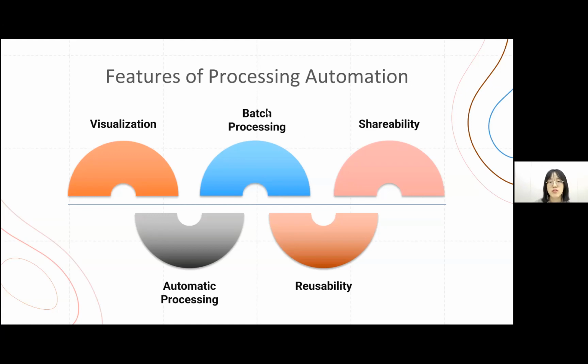So here, batch process means if you have a set of data for a project, you can take them in one by one, and each of those data sets would go through the model and automatically produce an output, so that you don't have to deal with each of the data sets all by yourself.